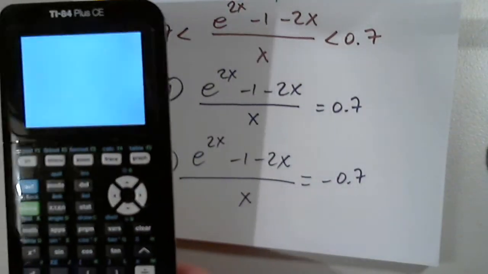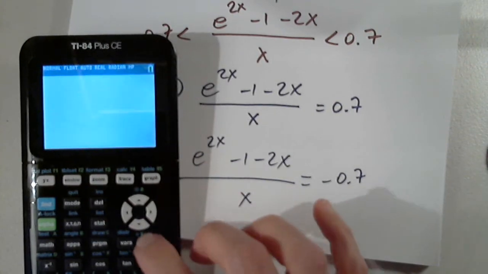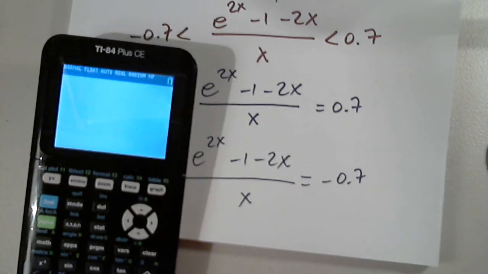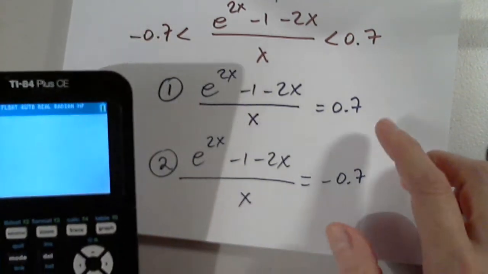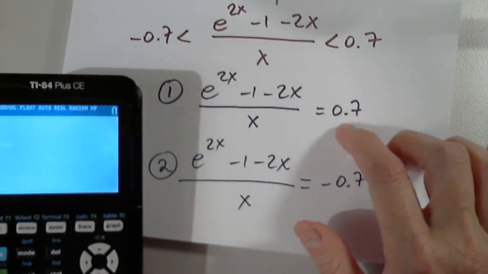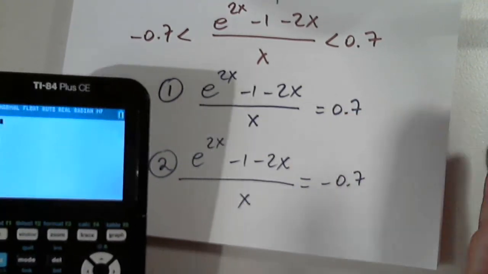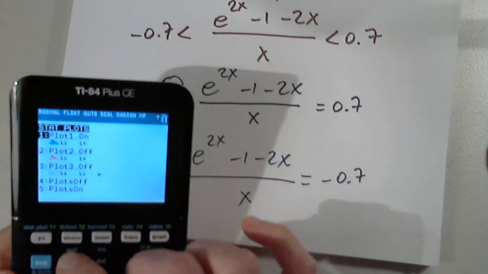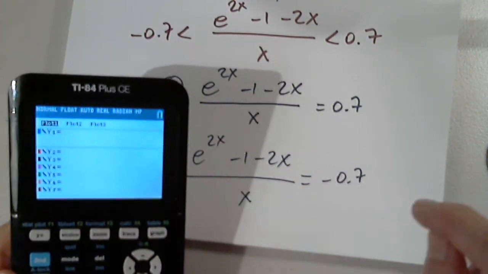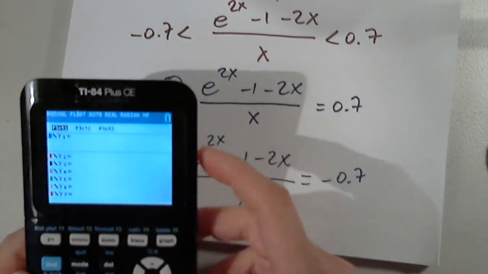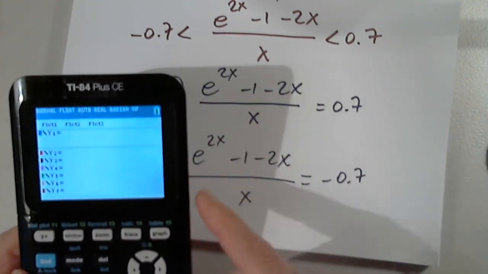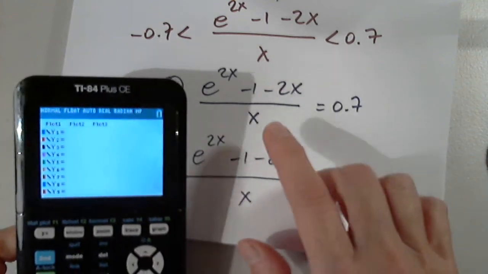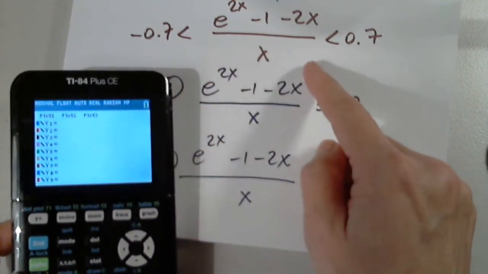So let's grab our calculators. I'm going to move 0.7 to this side and set it equal to 0, which is the same thing. But be careful how you plug it in. Let me clear that plot because it will not allow me to graph. Don't forget to put left parentheses.